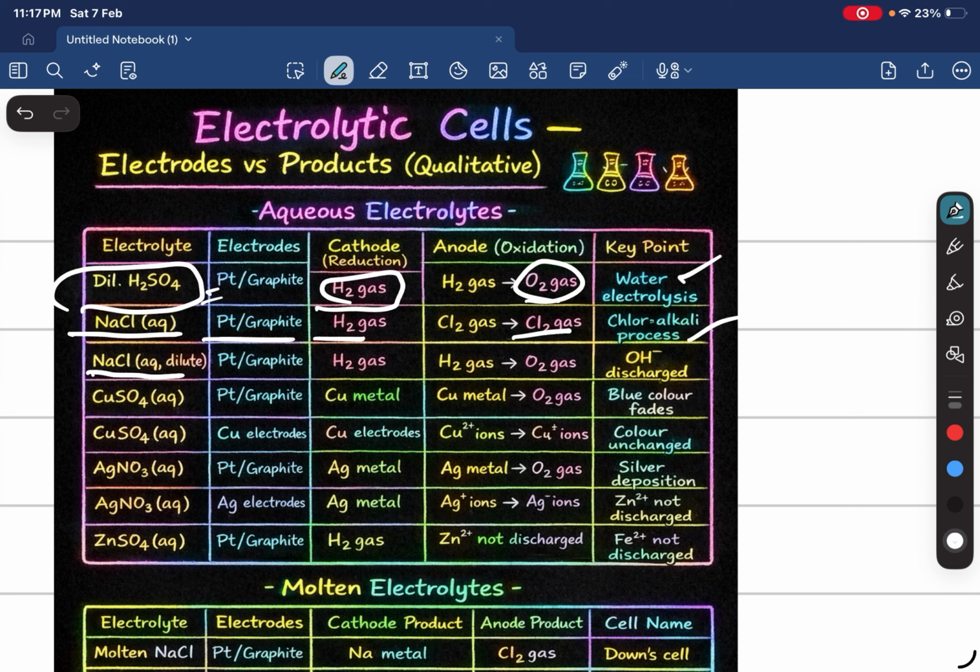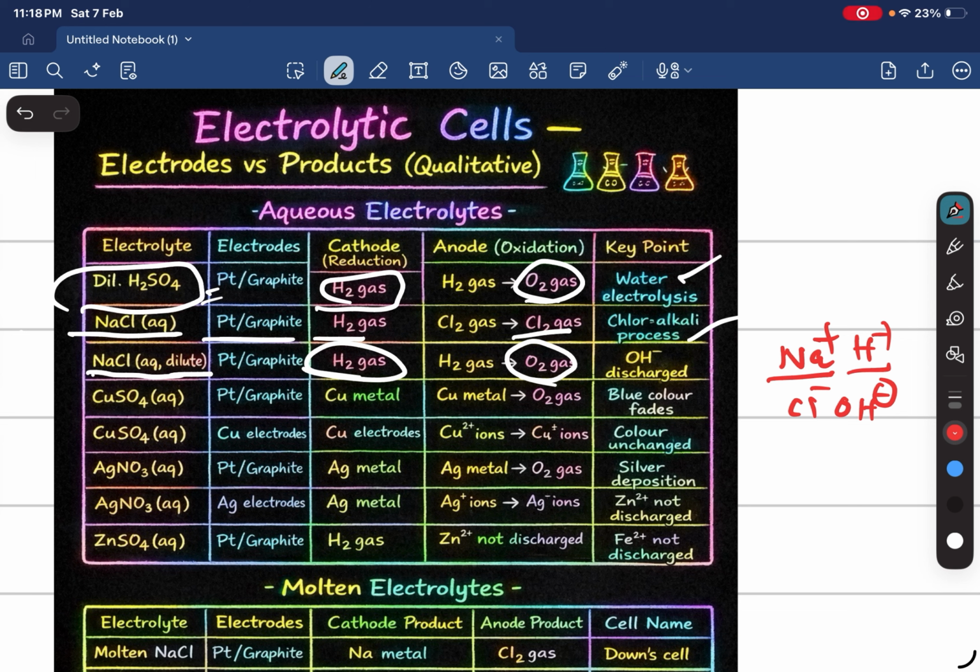NaCl aqueous and dilute. So here H+ and Cl-, so H2 gas, and here O2 gas is formed. Because from NaCl you take Na+ and Cl-, and since it is dilute, H+ and OH-. So among Na+, H+, Cl- and OH-, whichever has more discharge capacity will deposit first.